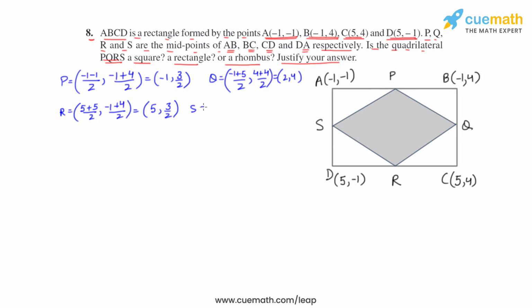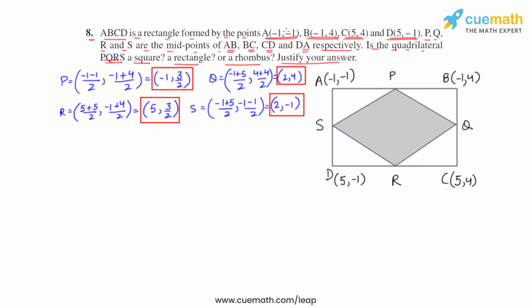So R is (5, 3/2). Then S, (-1 plus 5) by 2, comma (-1 minus 1) by 2, that is (2, -1). So the coordinates of PQRS we have found out. P is (-1, 3/2), Q is (2, 4), R is (5, 3/2) and S is (2, -1).